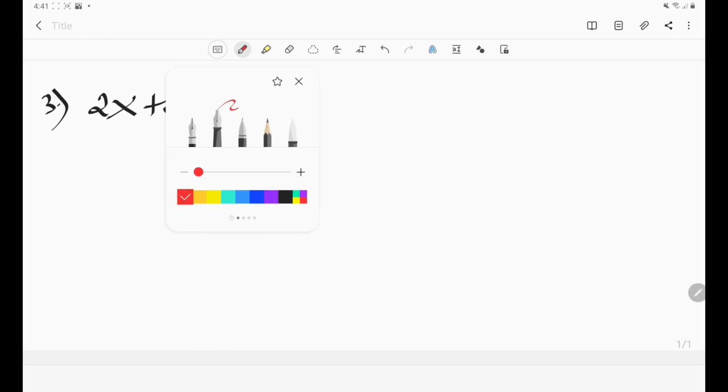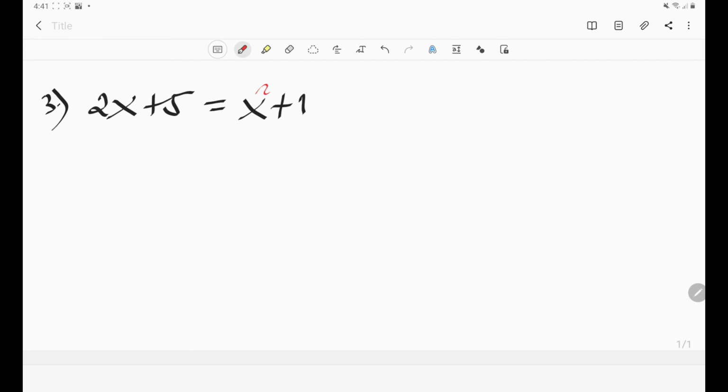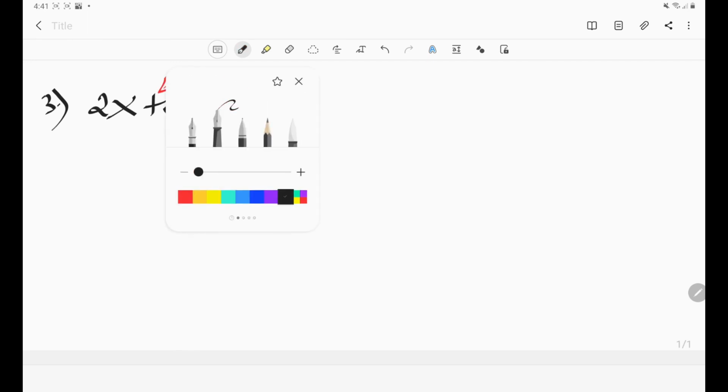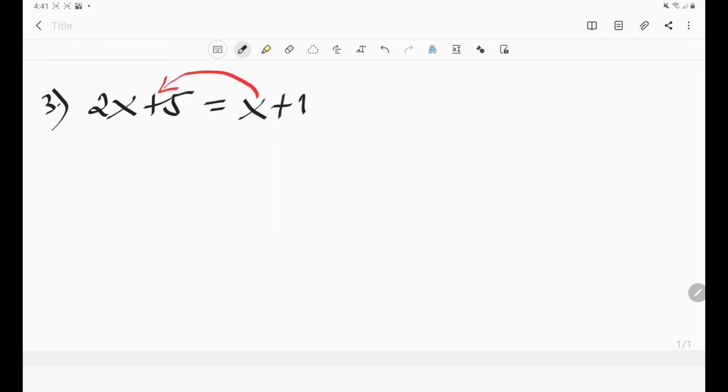The first thing that I'm going to do is to transpose x to the left side. Remember that when you transpose or move a term of an equation, you have to change its sign. So this becomes 2x minus x equals. Then next we will transpose 5 to the other side.